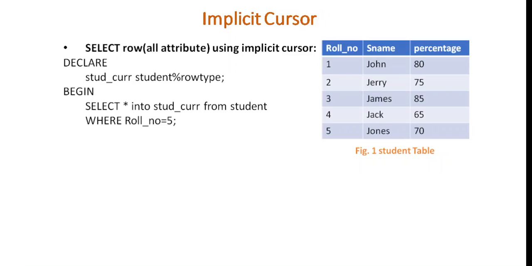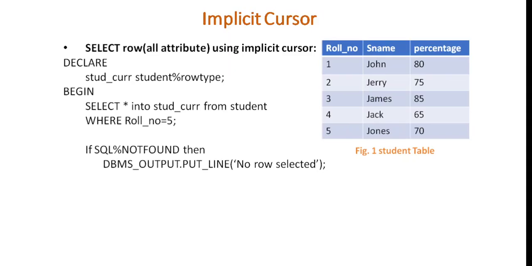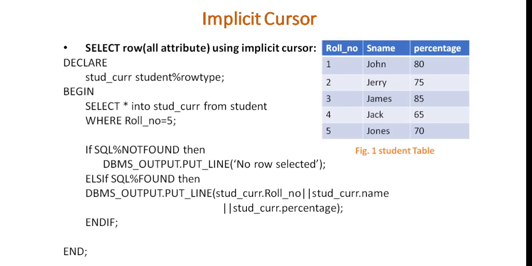Now your cursor is open for use and it will fetch data from the table. Again check the condition whether data is fetched by the cursor or not. If SQL%NOTFOUND is true, it means no row is selected by the cursor. Else if SQL%FOUND is true, it means a row is selected, and now display that row.